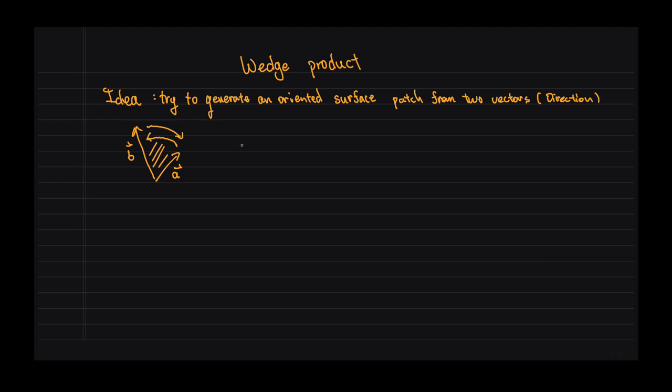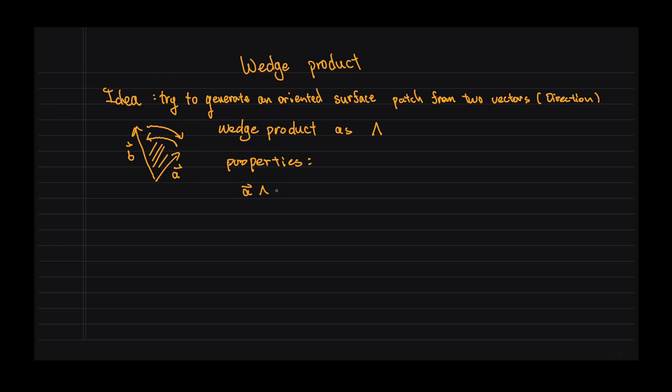So we will use the wedge product to define such an operation. We denote the wedge product as this symbol. So we can write vector A wedge B, and now we will look at some properties we want this wedge product to have.